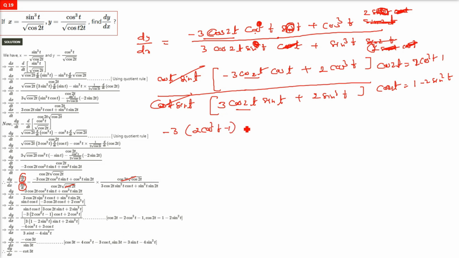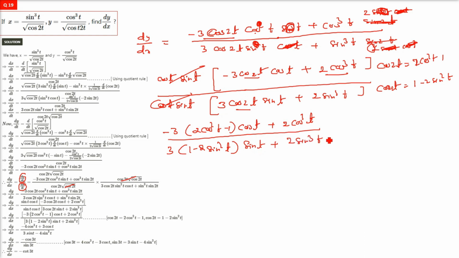Minus 3 into (2 cos square t minus 1) into cos t plus 2 cos cube t. In the denominator, as I just indicated, it will be 1 minus 2 sin square t. Why? Because the denominator is all full of sin, so we cannot write cos. So we have 1 minus 2 sin square t, here we have sin t, plus 2 sin cube t.